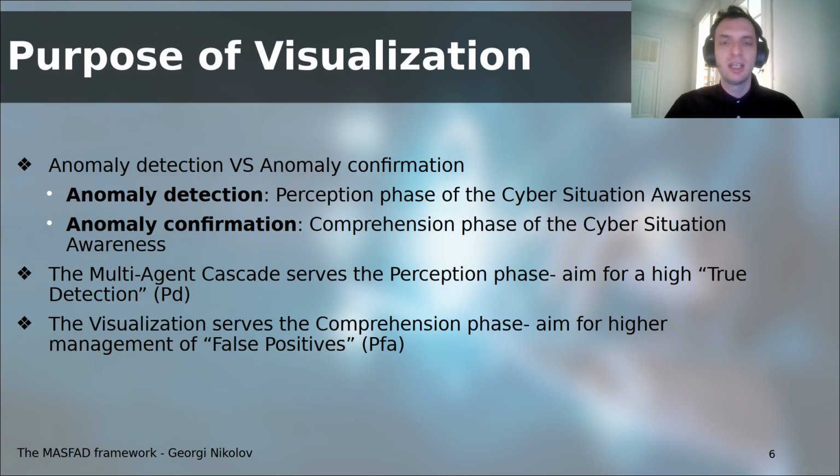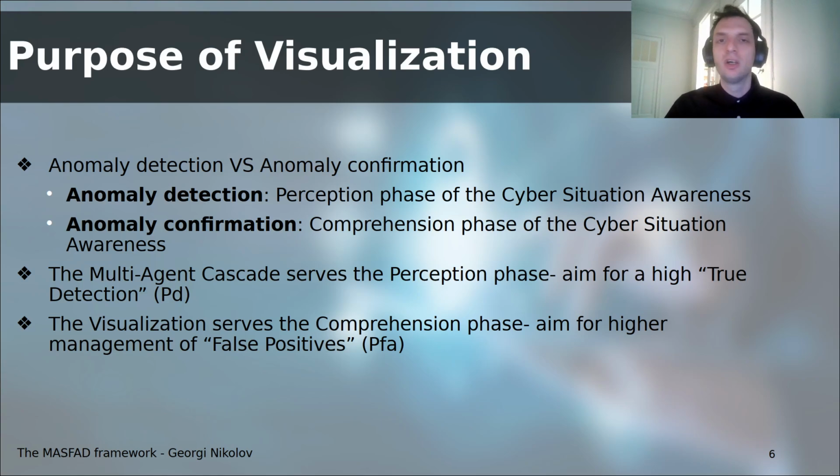This is exactly what the MASFET tool does in the part of anomaly detection. Here, all the raw data is fed into the MASFET tool, analyzed by the different detection agents, and then aggregated to be presented to the analyst, which brings us to the second part, the anomaly confirmation.